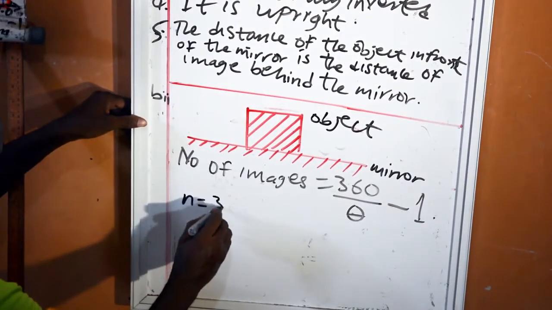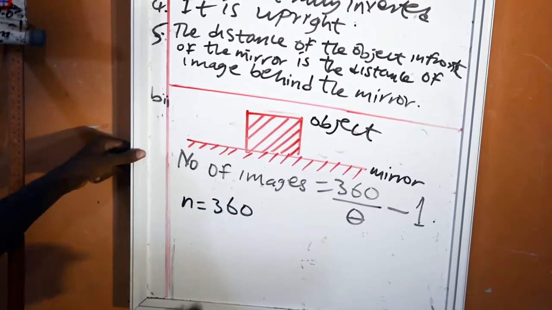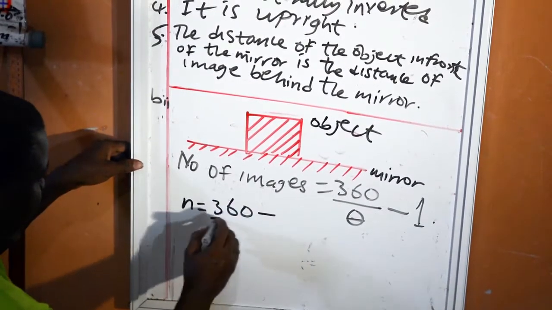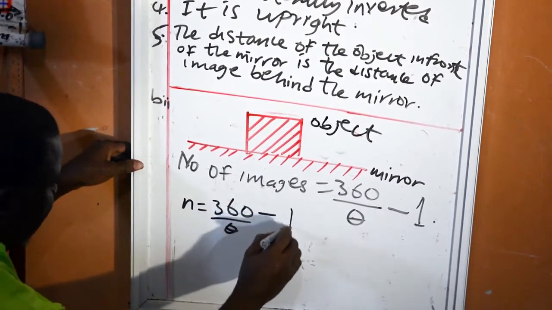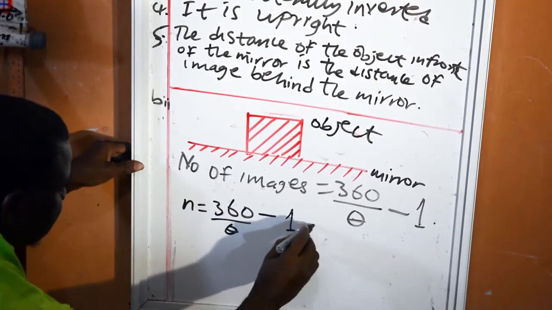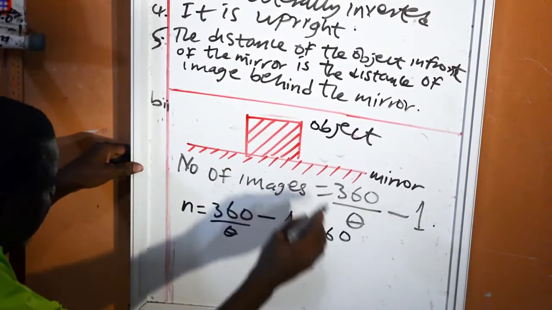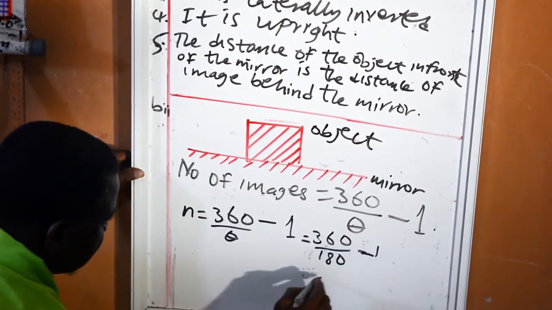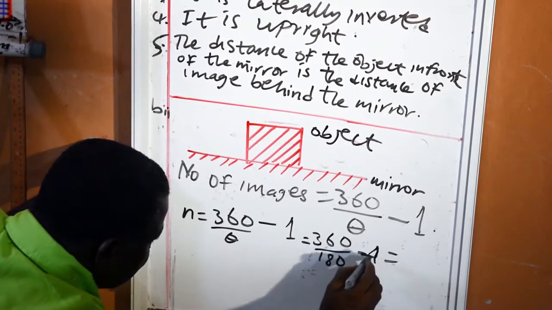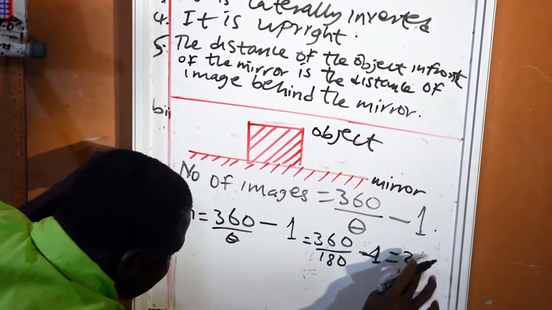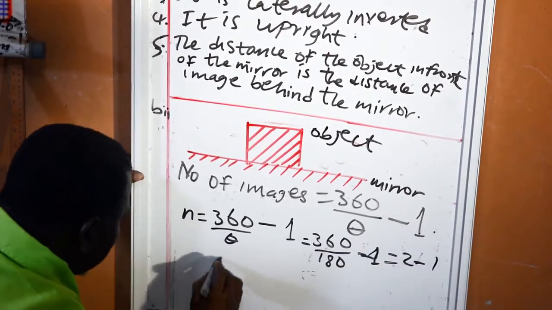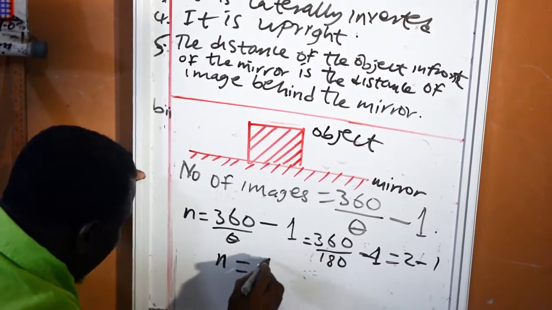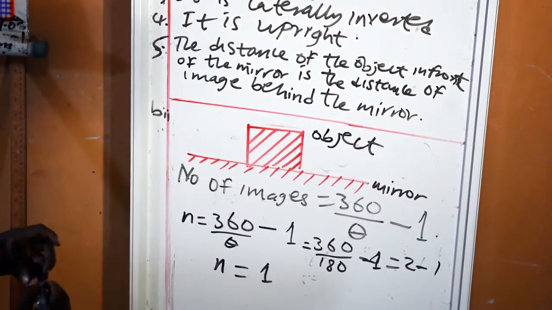So n is equal to 360 over theta, minus 1. 360 over the angle 180, minus 1. This is equal to 2 minus 1. So the number of images is 1. That's only one image.